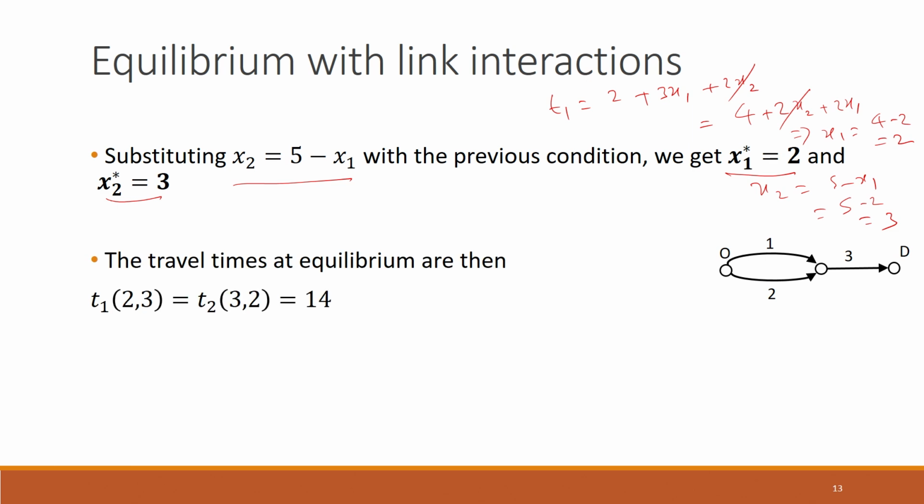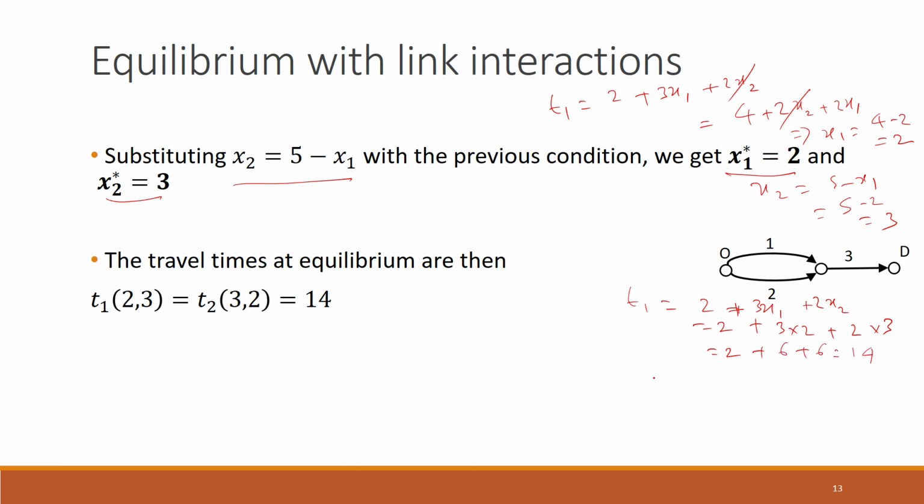Now, if that is the case, then the travel times at the equilibrium are equal to 14 for both the links, because let us substitute the values here. The travel time on link 1 will be equal to 2 plus 3x1 plus 2x2. Now, x1 is equal to 2 and x2 is equal to 3. So, this is equal to 2 plus 6 plus 6, which is 14.